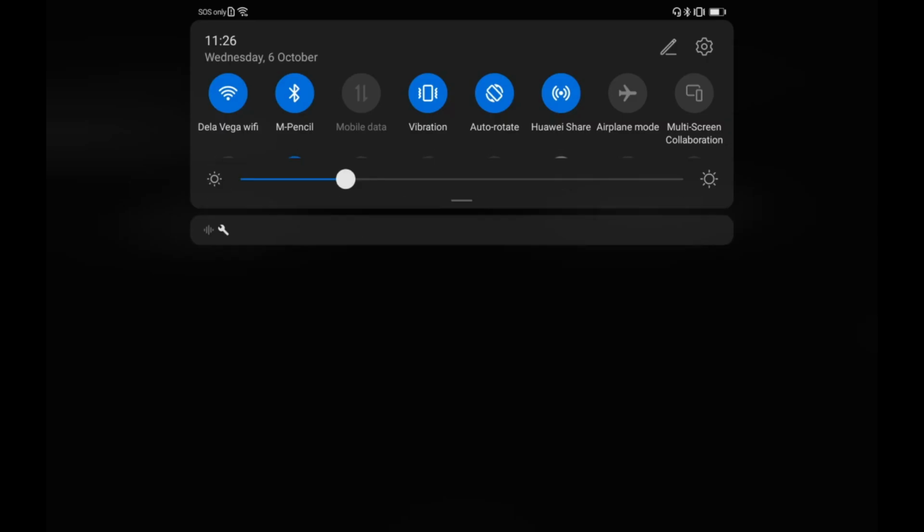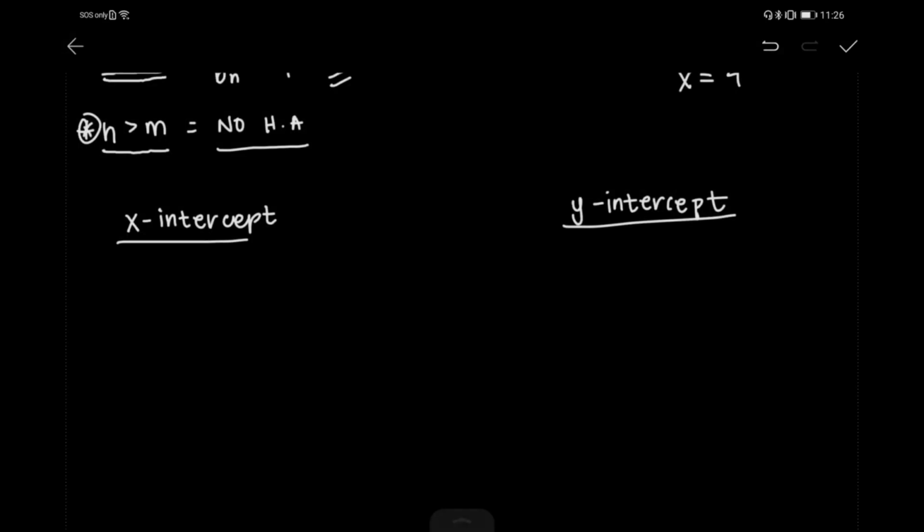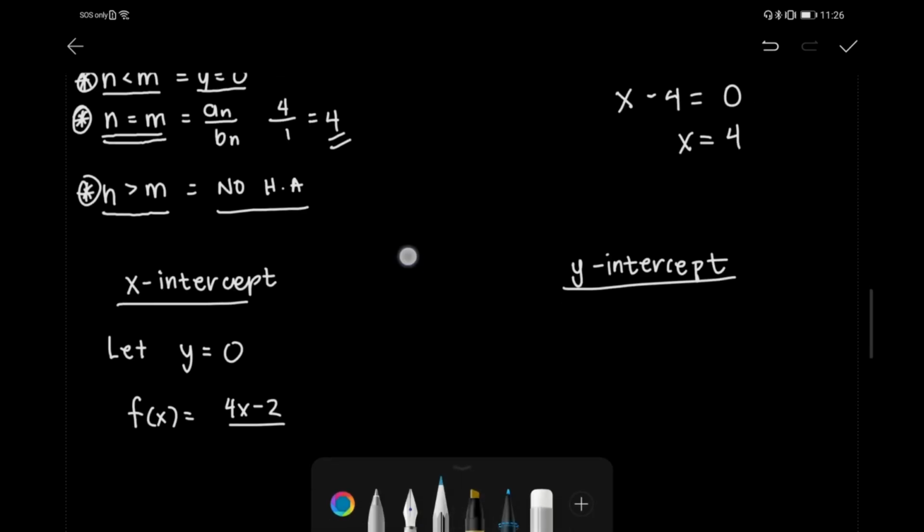Okay, this time let us find the x-intercept and y-intercept. To find the x-intercept, we have to let the value of our y be equal to 0. So our original given function is f of x equals 4x minus 2 all over x plus 3.